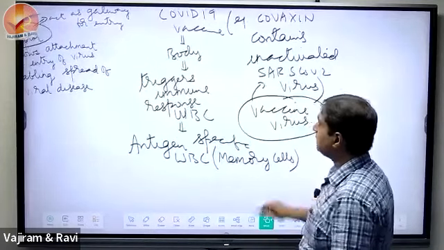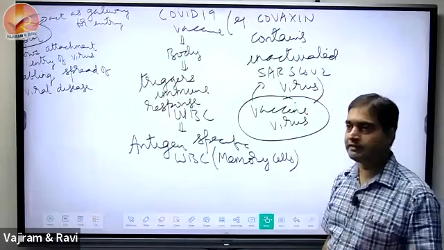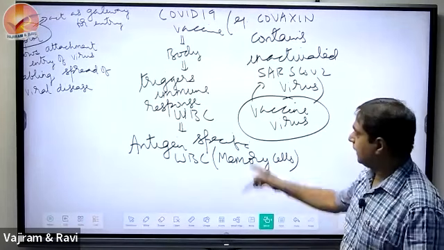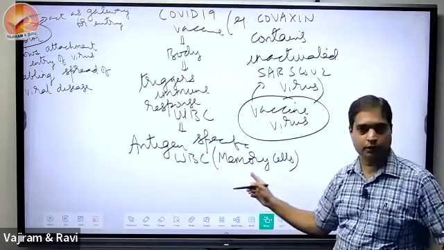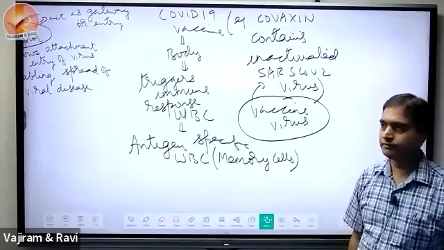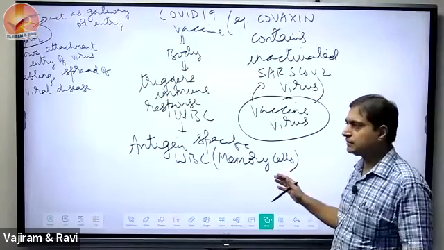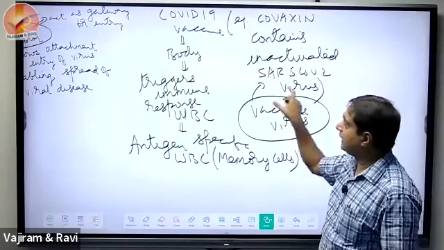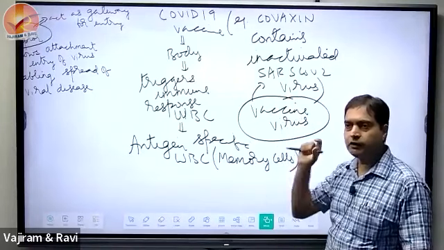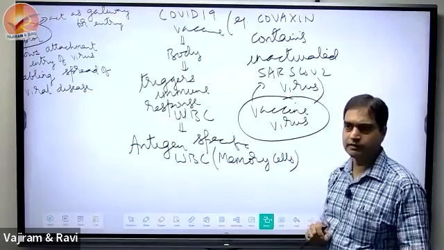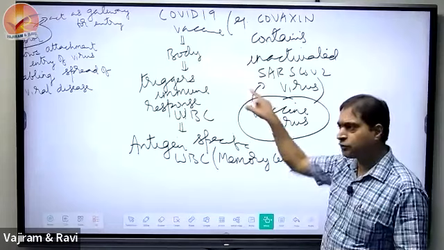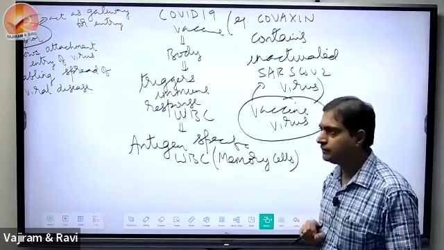So for those who are vaccinated, the COVID-19 vaccine will help generate antigen specific white blood cells known as what? Memory cells. So these memory cells have learned the identity of the virus. Identity of the virus means the antigen of the virus. An antigen of which virus? SARS-CoV-2 virus, which is the spike protein.